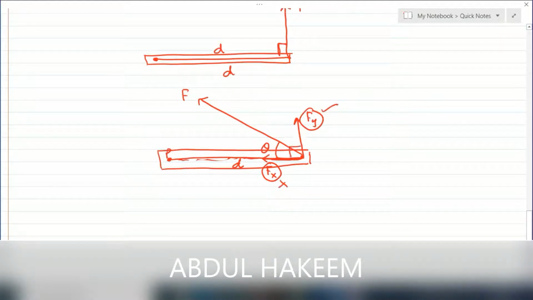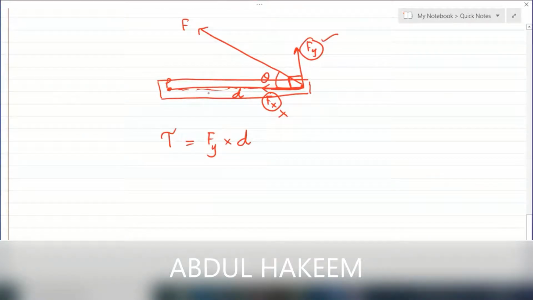This Fy is making a 90-degree angle. So in this case, the turning effect, the torque is Fy into D. If the force is not perpendicular, resolve the force into components. One component Fx will pass through the pivot, so it has no torque. The remaining Fy is perpendicular to distance, so the formula will be Fy into D.